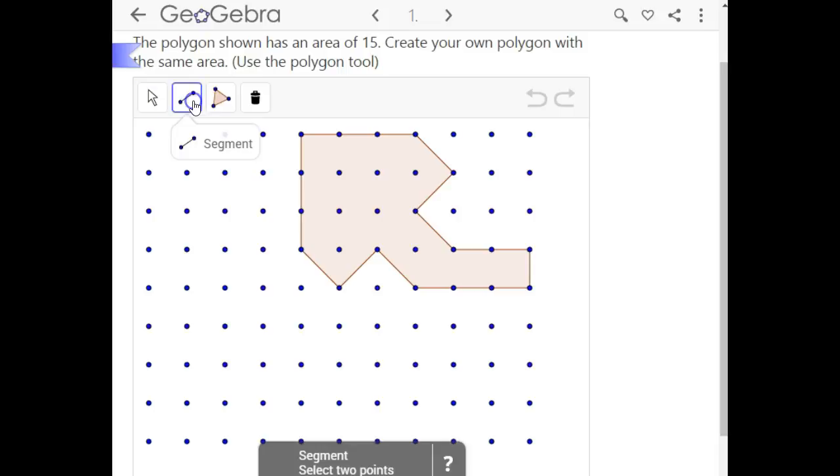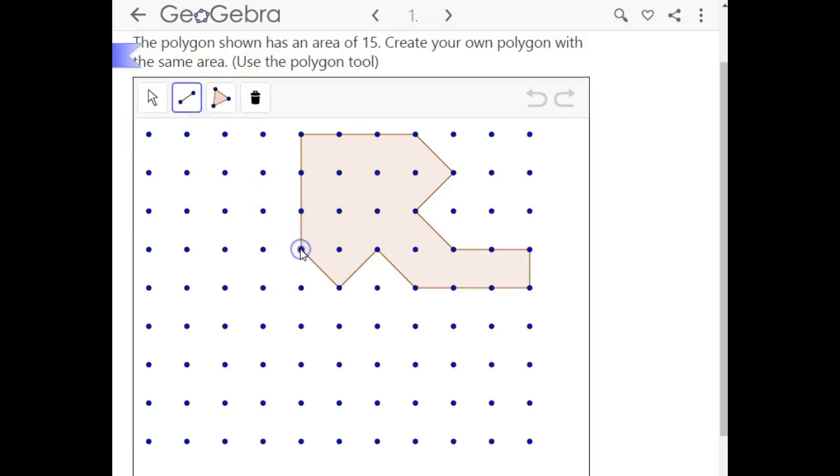The first one I'm going to do is this square I see here, and I see that's 1, 2, 3, 9 units, and then I'm going to do this one. It's 2 more units. I'm going to add this one, so that's 3 more units.